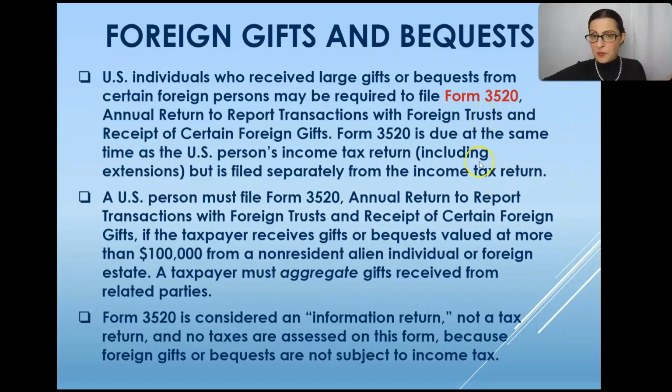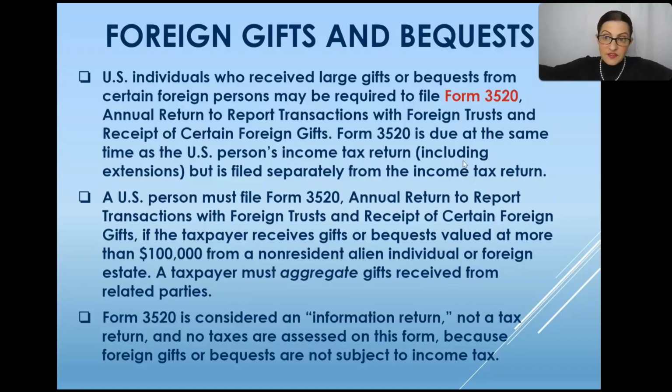Many times people who don't have a filing requirement might have to file one of these forms because they're receiving a foreign bequest or a foreign inheritance. So for example, let's say you have someone who's 65 or 70 and they're just receiving Social Security and they have no other income coming in. They wouldn't have to file an income tax return.